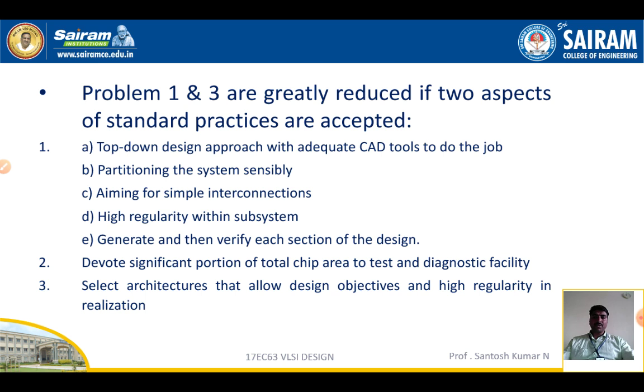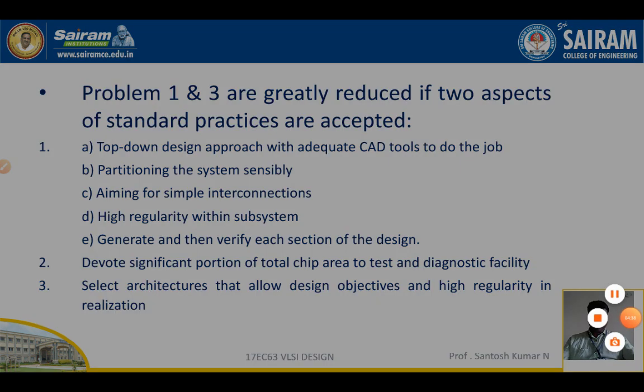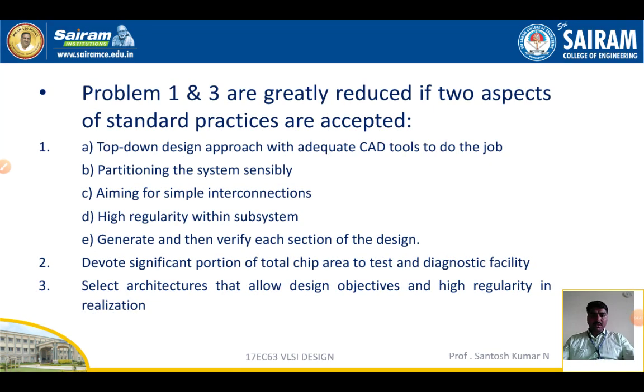There are a few solutions for the problems stated. Problems 1 and 3 are generally reduced if two aspects of standard practice are accepted. Top-down design approach with adequate CAD tools to do the job.